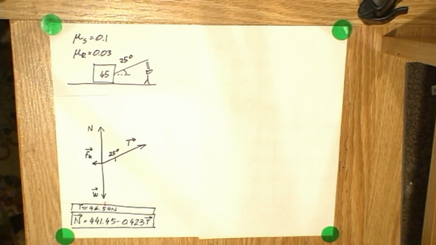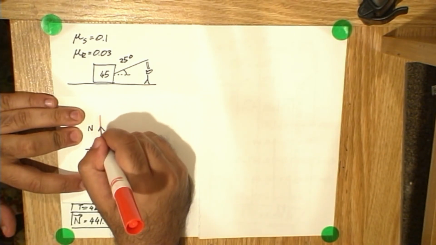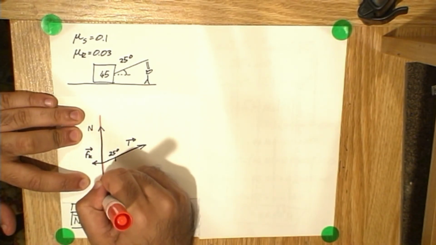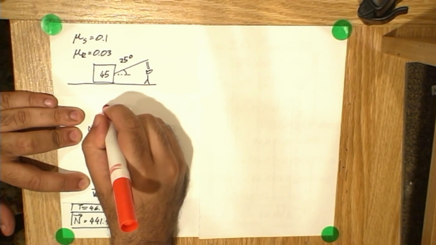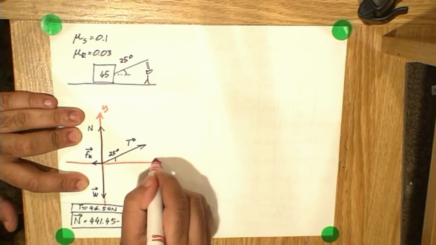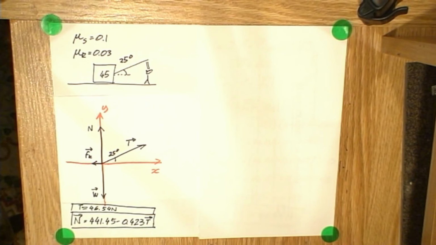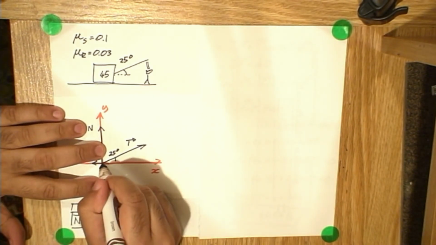Now, let us draw in our axes. That's the y-axis. And that's the x-axis. Once again, we would break this down into its two components.